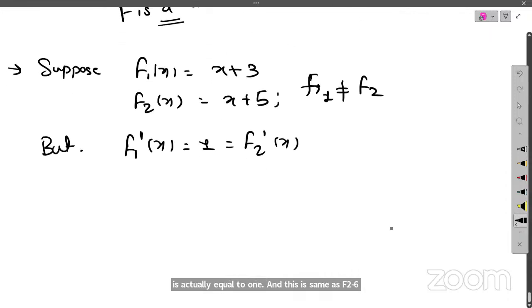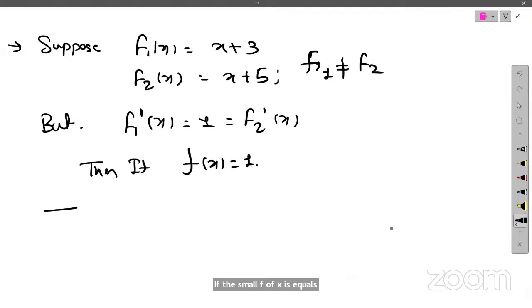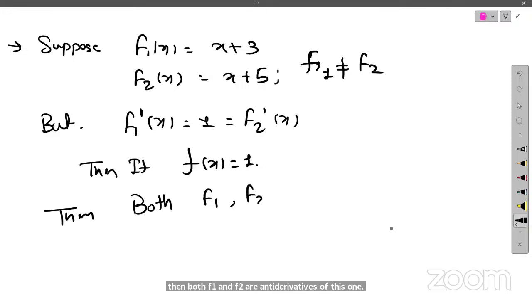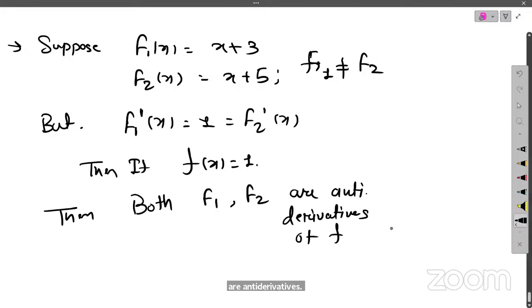So if small f of x is equal to one constant function, then both capital F1 and capital F2 are antiderivatives of the small f function, right?